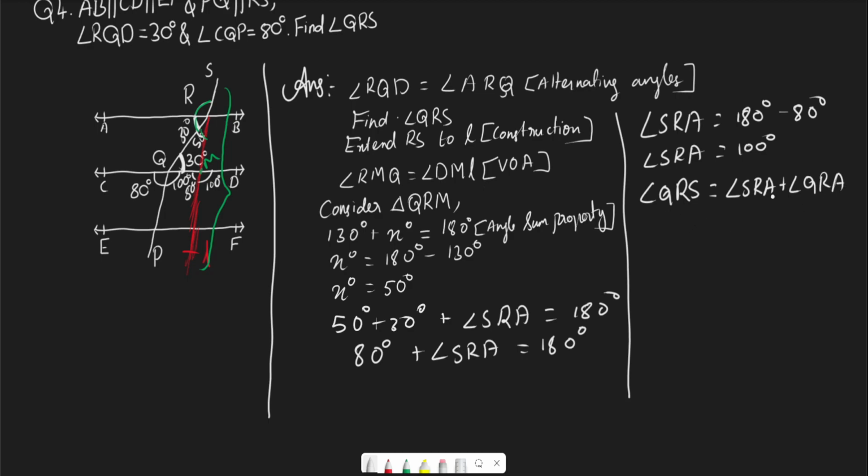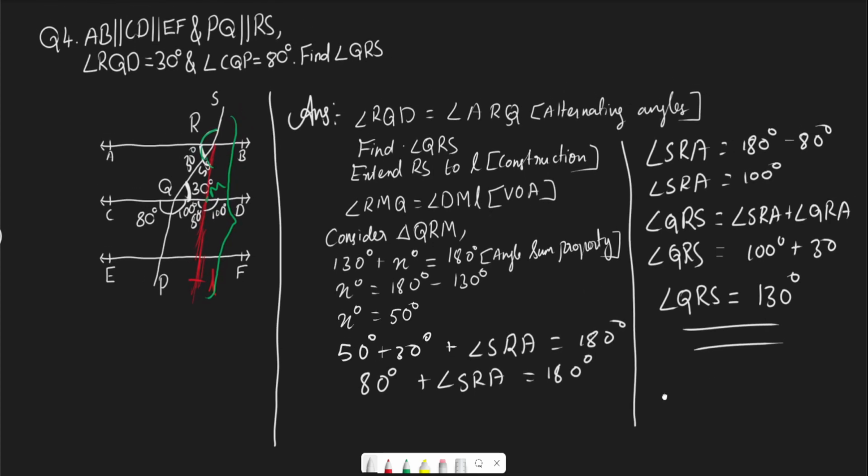And we know those values. Angle SRA is 100 degrees, and angle QRA is equal to 30 degrees, and that means angle QRS is equal to 130 degrees. Voila! We found the answer.